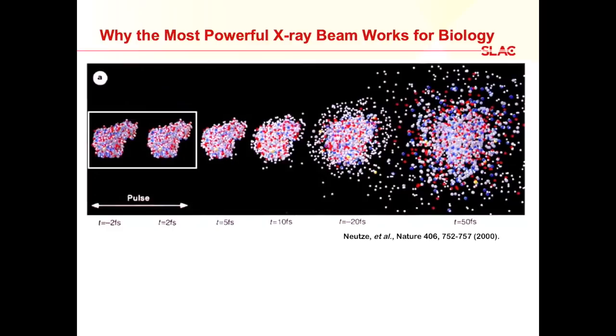The speed of light is 300,000 kilometers per second. The speed of sound is on the order of 300 meters per second. Very different. So the X-rays go through at the speed of light. The damage happens at the speed of sound. A little bit of oversimplification, but for the most part, a good explanation of what happens.